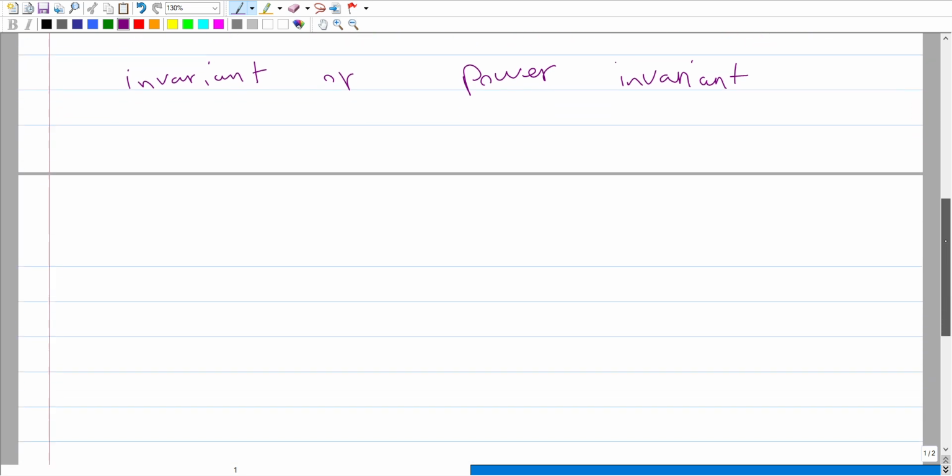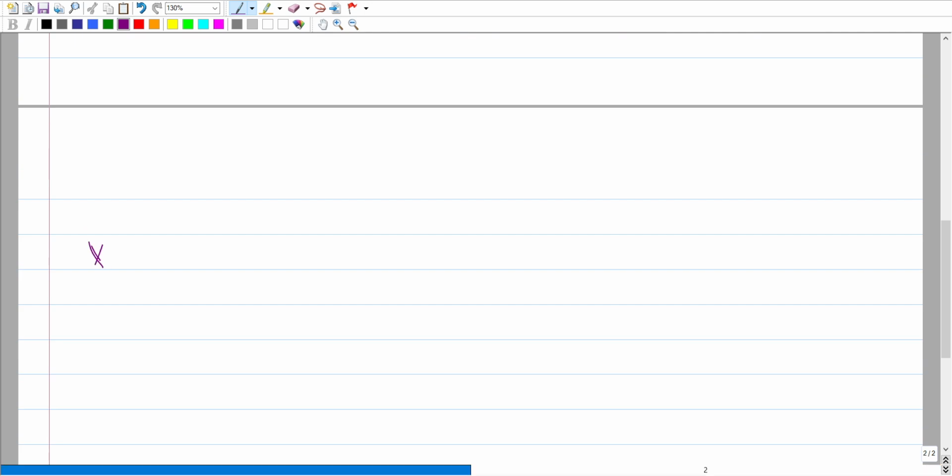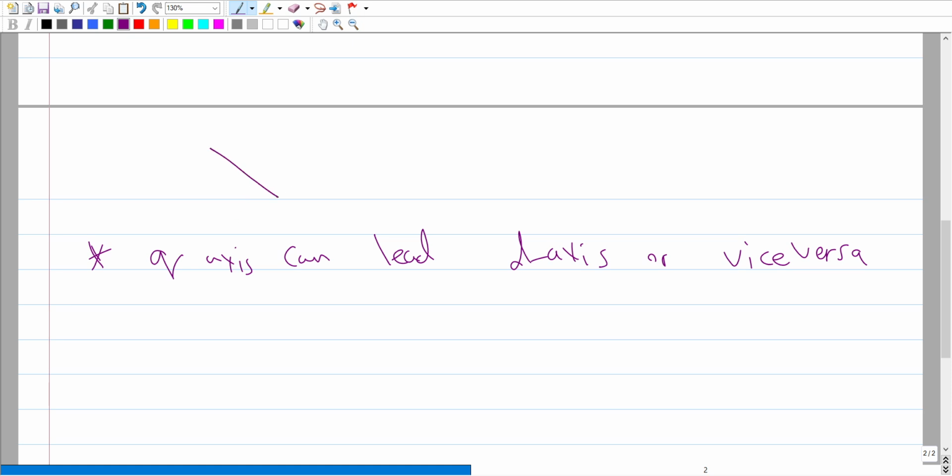The second reason is q-axis can lead d-axis or vice versa. Of course, it is more common to consider that q-axis leads the d-axis, lead in the direction of the rotation.